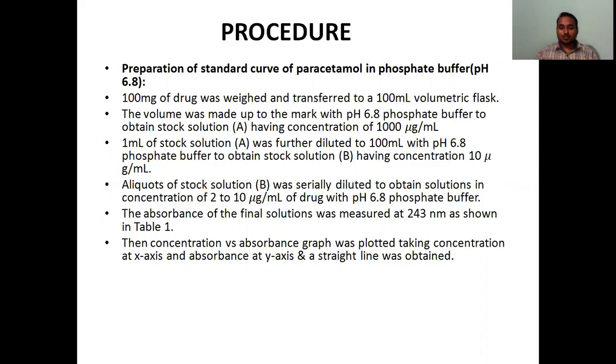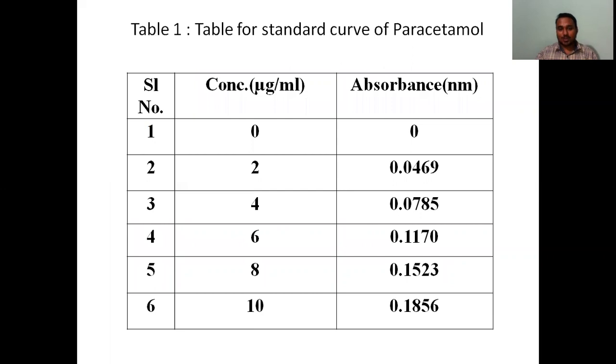The absorbance was measured with a UV spectrophotometer at lambda max, that is 243 nm. The concentration versus absorbance graph was plotted, taking concentration on the x-axis and absorbance on the y-axis. A straight line was obtained.